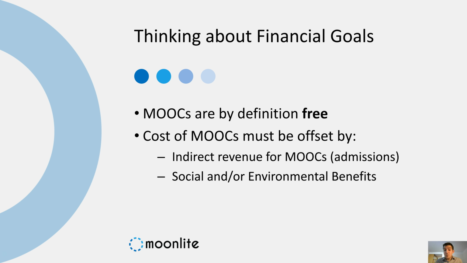So, to be able to offer MOOCs for free, it means that either we need to recoup the expenses from offering the MOOC through indirect revenue, for example, by tuition fees of students who continue to follow full programs with the institution. Or we need to recoup the costs by offsetting them against the social and/or environmental benefits we believe these MOOCs offer.